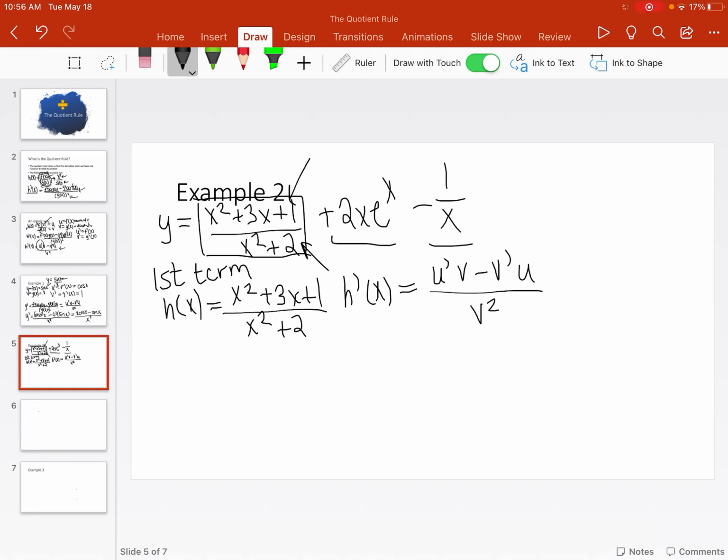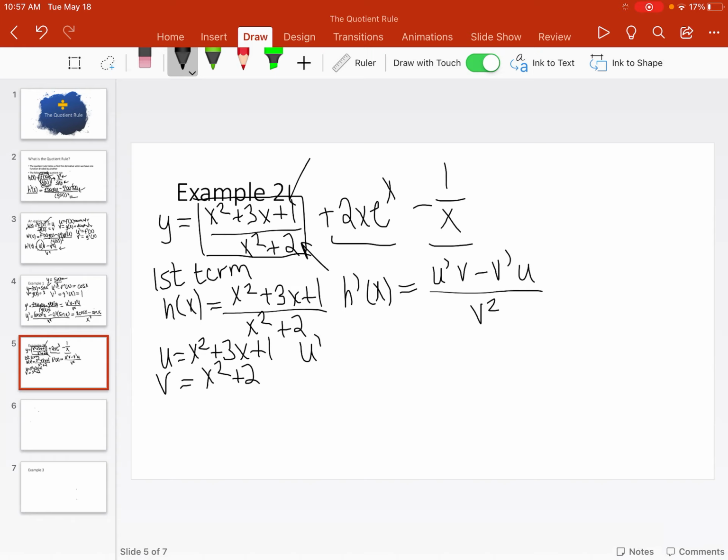So u is equal to x squared plus 3x plus 1, and v is equal to x squared plus 2. I'm writing this over here so it's easier to see.